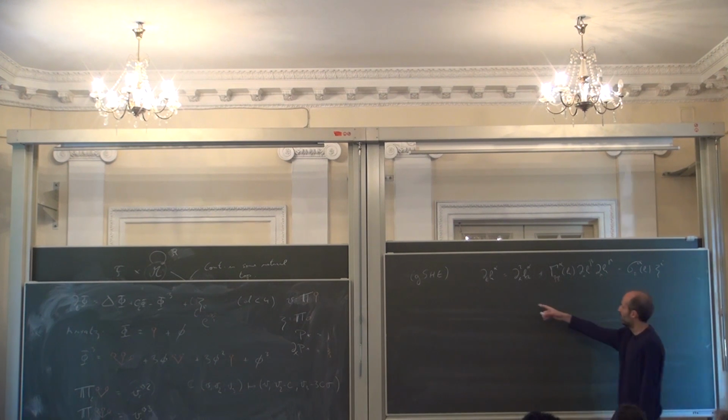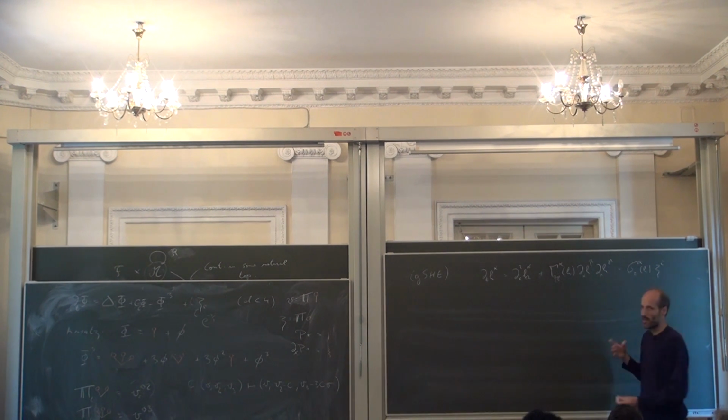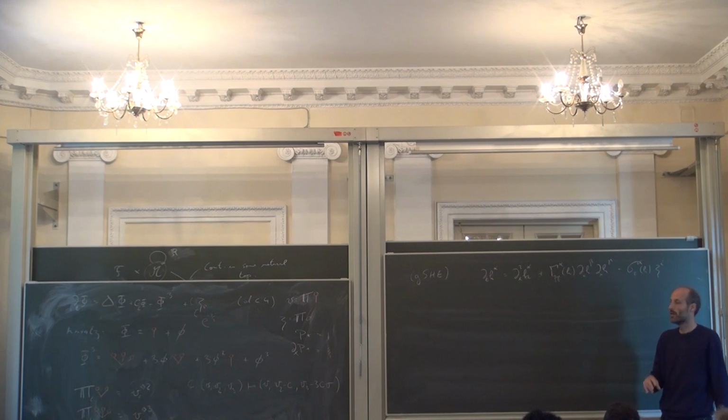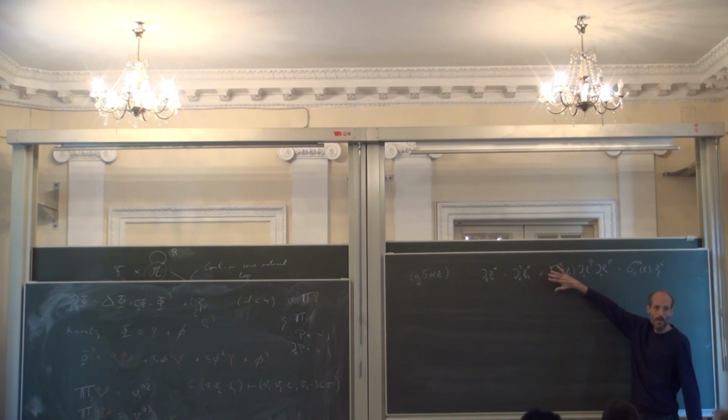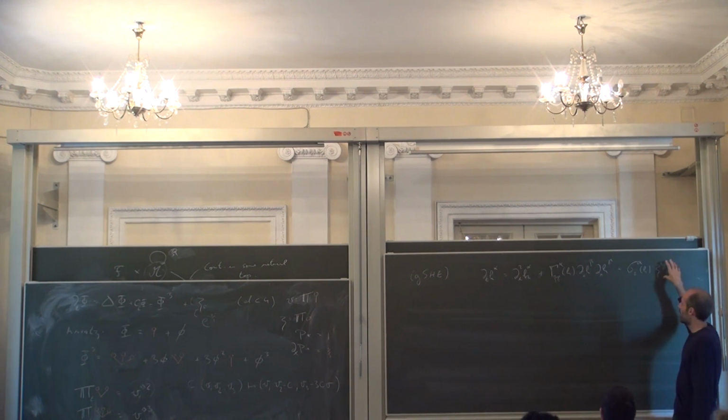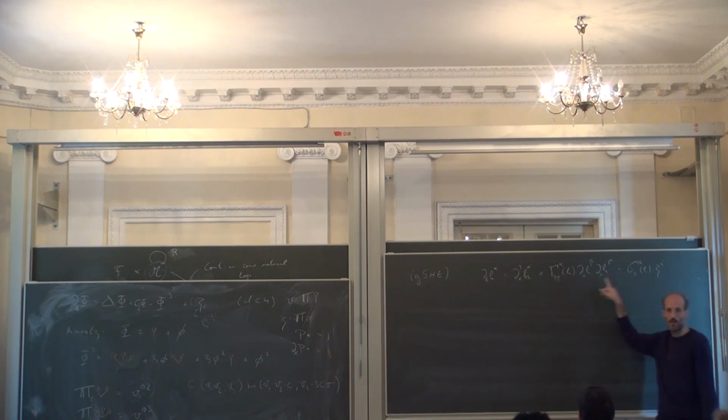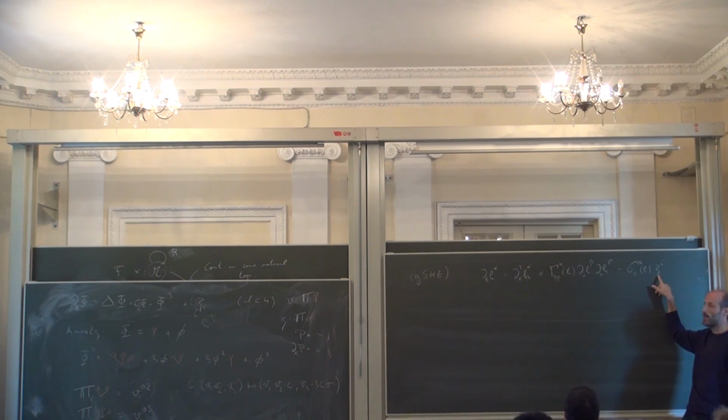Then again you would expect that locally your solution near a point looks basically like the solution to the linear equation, but this time it's actually the linearized equation around the point where you are, where you would have to replace this here by the value of h at that point.